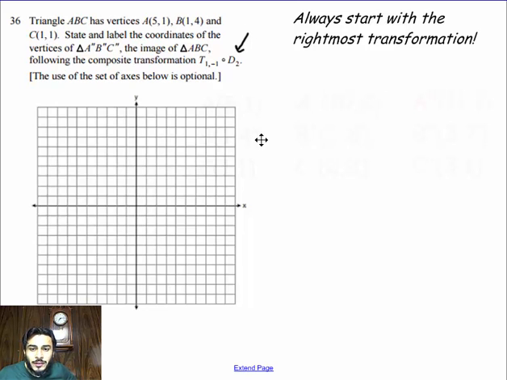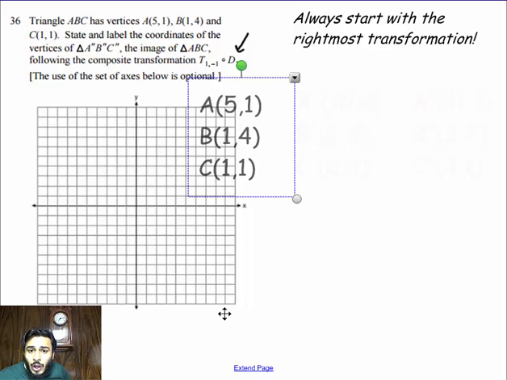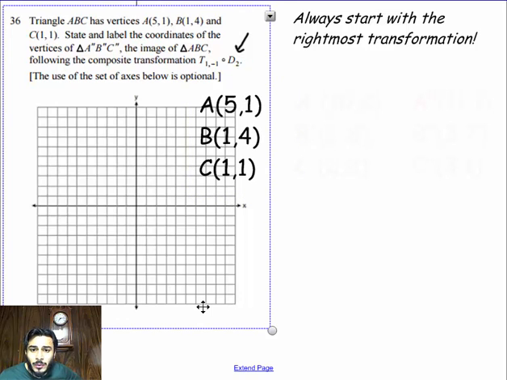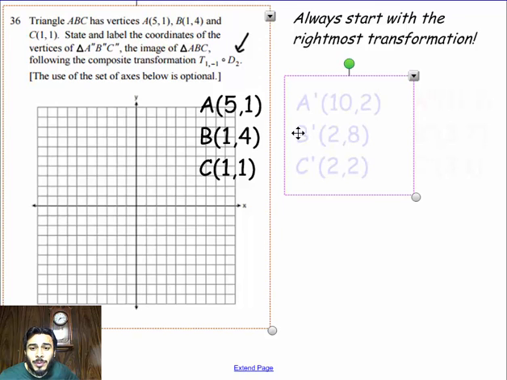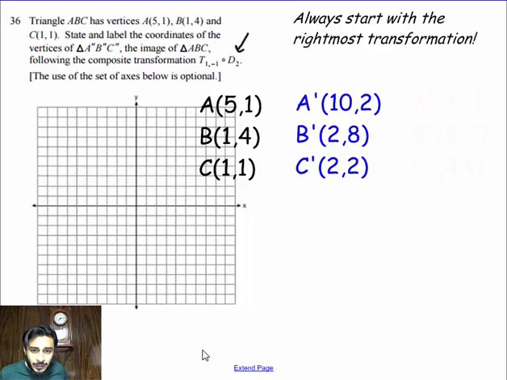So the original coordinates are given as these guys over here, right? First, you're going to perform the dilation. Dilation means that you multiply each of the coordinates by the scale factor. In this case, the scale factor is 2. So just multiply each of the coordinates by 2, and you get these coordinates.